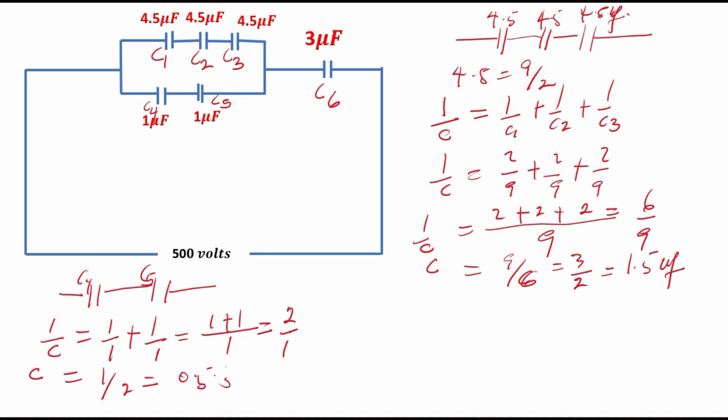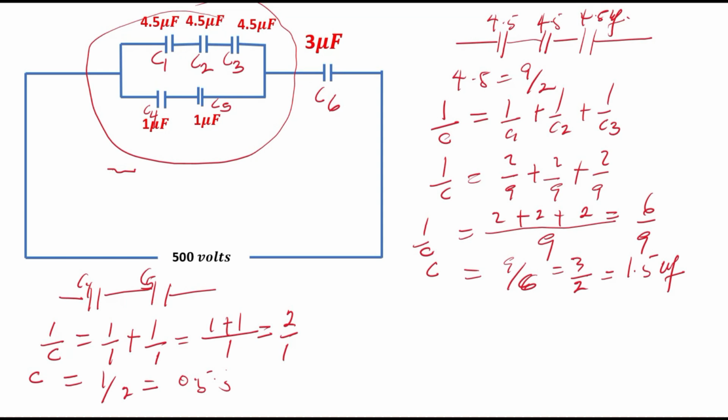So for the whole of this circuit, I now have two capacitances in parallel. I can now relate it this way to mean that this is 1.5 and this is 0.5.